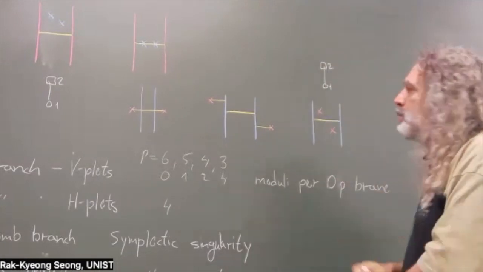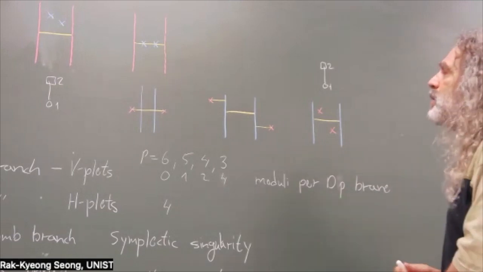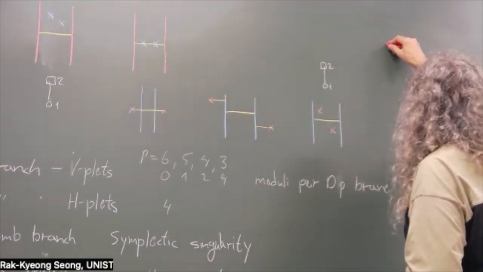1, 2. I picked an example which is self-dual. The electric and magnetic quivers of the same brane system are the same. Let's take an example where they are not. So let's just add one more. Let's take this.